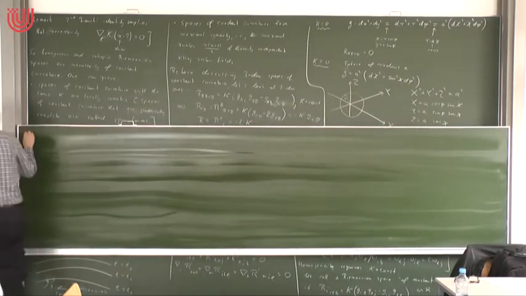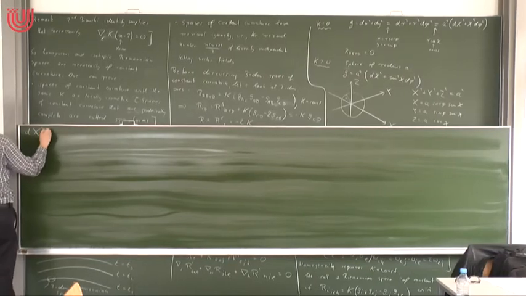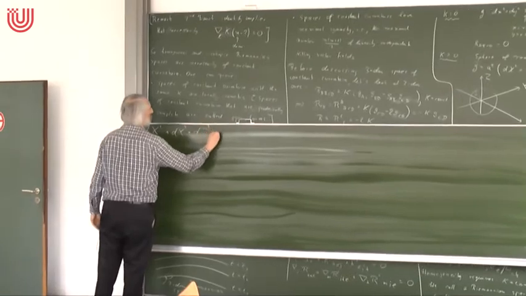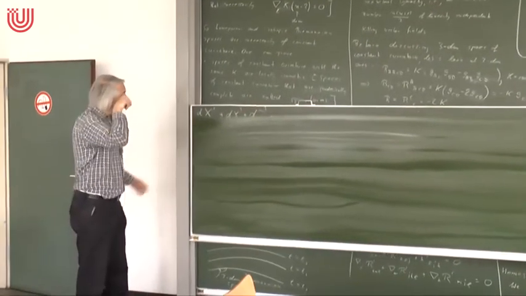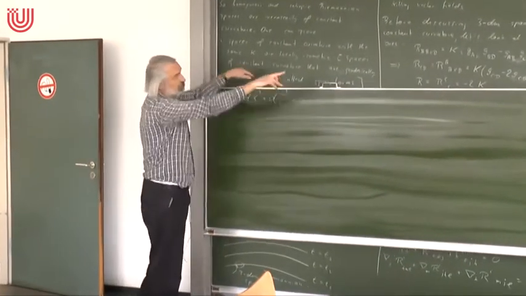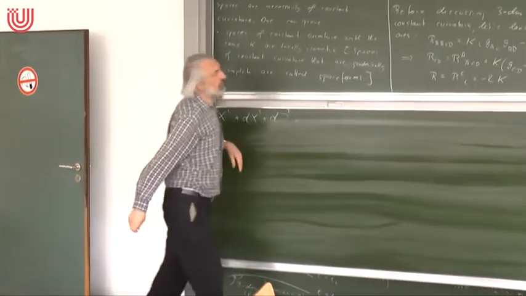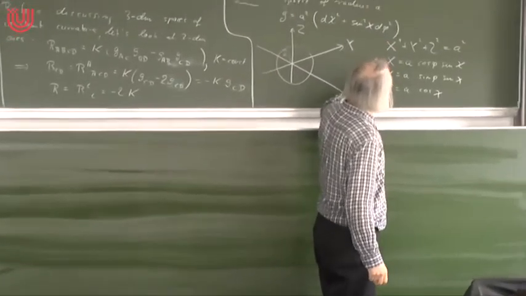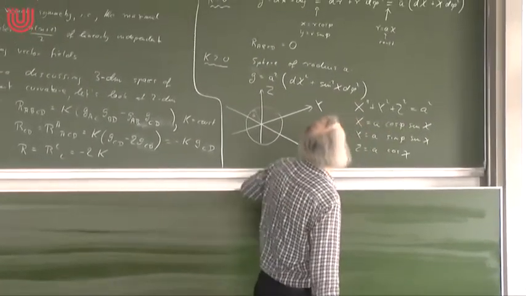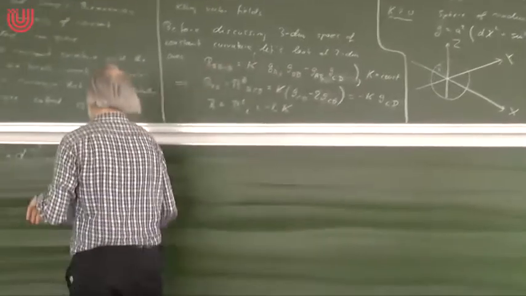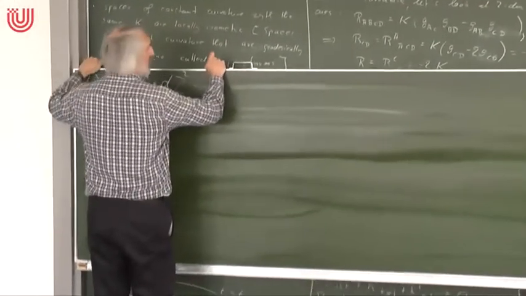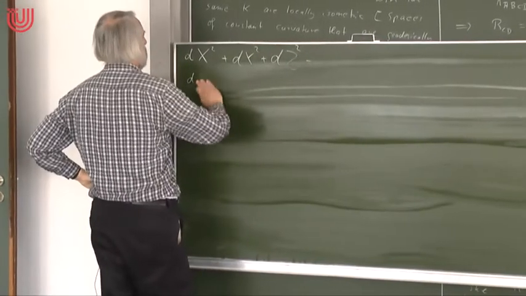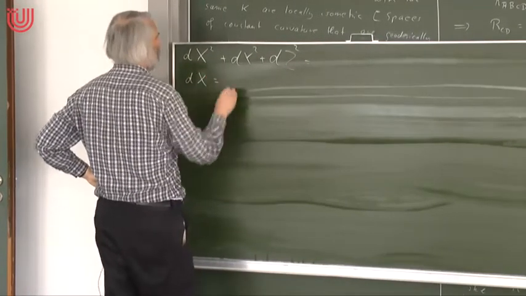Okay, so I write down the Euclidean metric on the 3 space, but I evaluate this metric on this submanifold where x, y, and z are restricted by this equation, which means that they can be replaced by phi and chi by way of these equations. So maybe I should write the derivatives first. So what is dx?